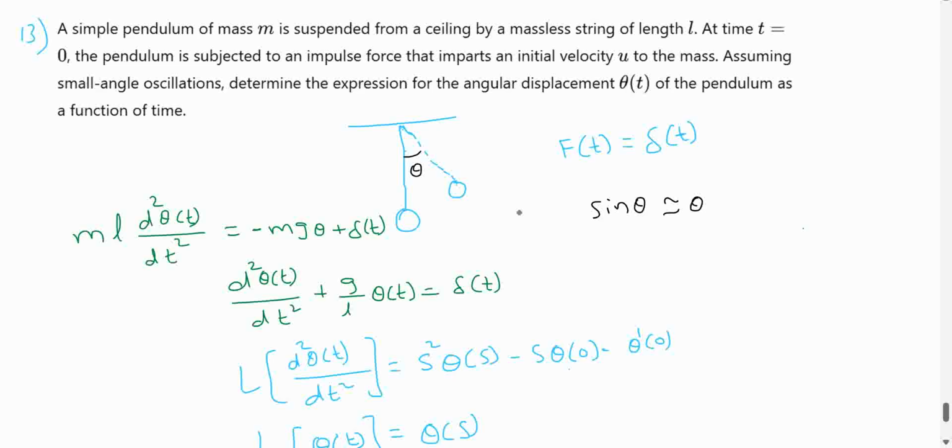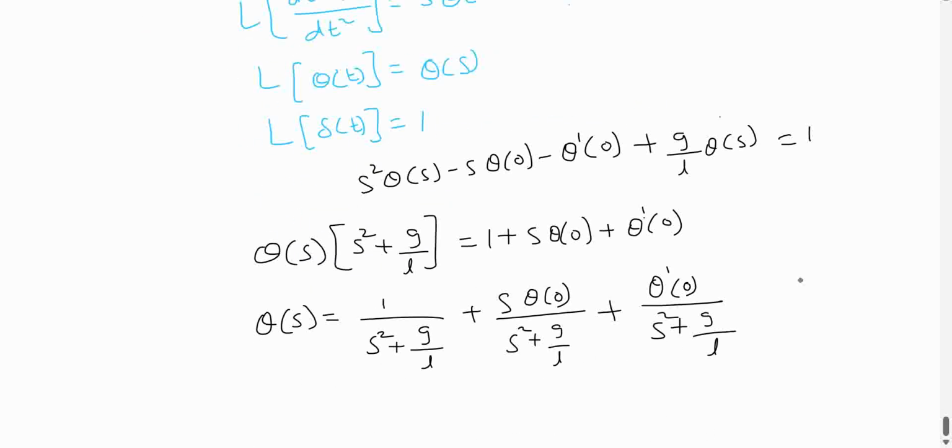So initially we have given the initial velocity is u. Let me use another color. We have to get the initial conditions from the question. We have to derive sometimes.